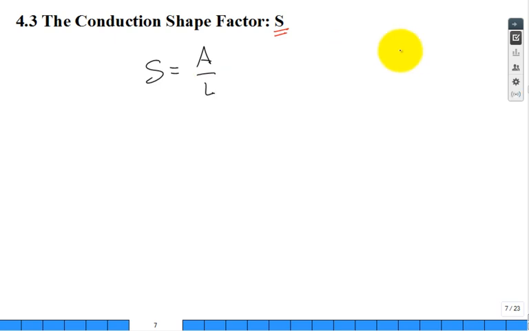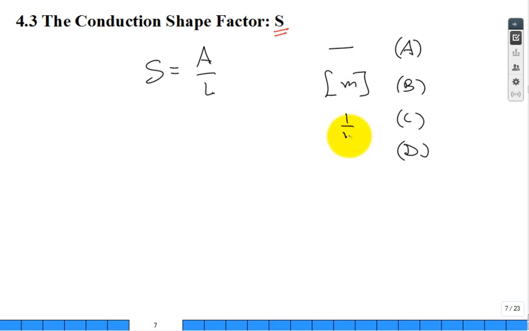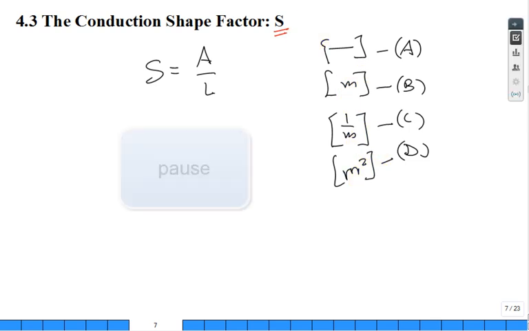Take a look at the implied SI units for the area to length ratio. Clicker question. Answer A, B, C, or D. Are the SI units for the shape factor dimensionless? Is it meters? Is it inverse meters? Or is it meters squared?